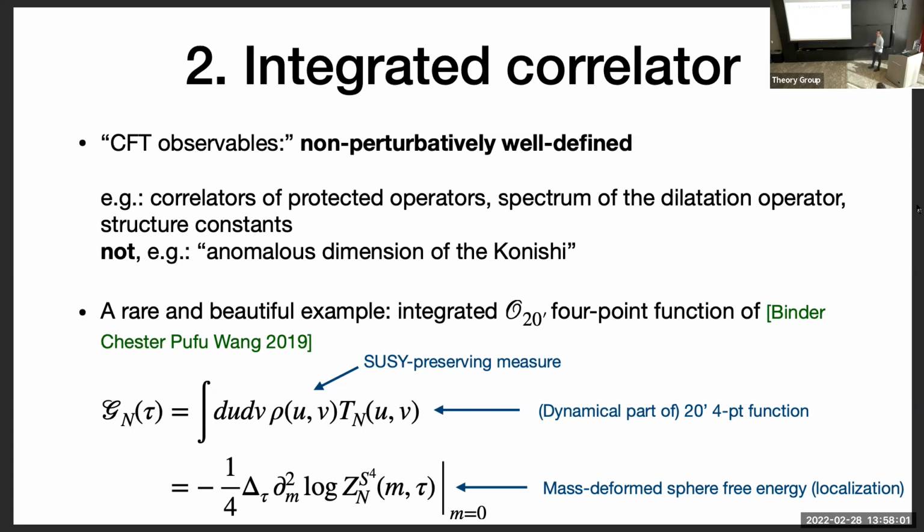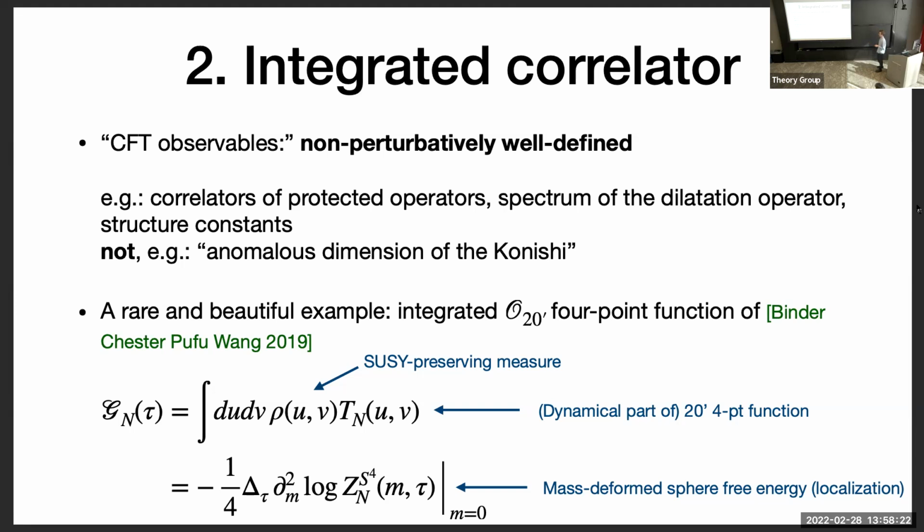So just to give an example, which I view as extremely beautiful and really provided a benchmark for this work, is the integrated 20 prime stress tensor multiplet four-point function of Binder, Chester, Pufu, and Wang. I call it G_N of tau. What is it?